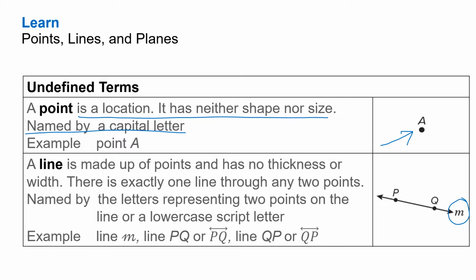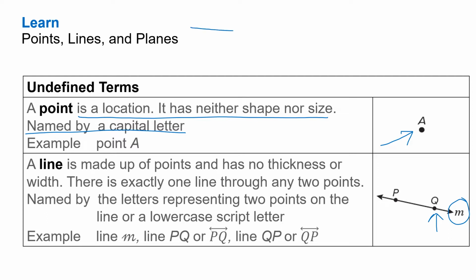That's how you know it's a script letter representing the line and not a point on the line. Look at Q. You see how Q has the dot underneath it? That's letting you know that Q is a point on the line.